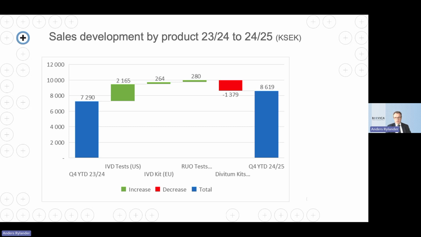We know that China is not very keen on exporting human samples outside of China. So we know that we will sell kits into China for clinical trials. And that's a general trend that more and more trials are being performed in China in general.